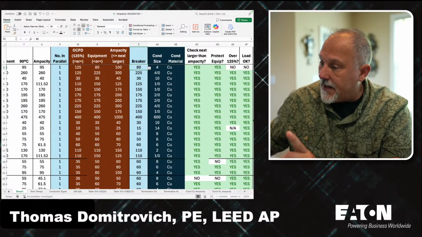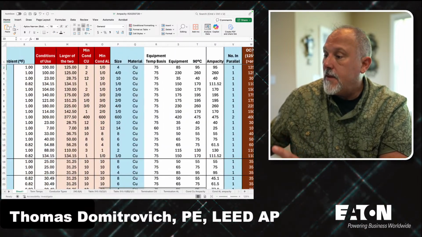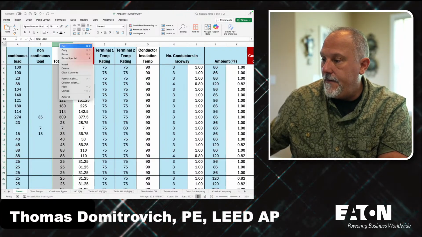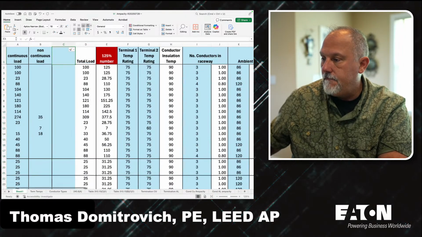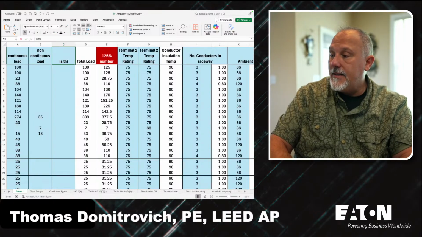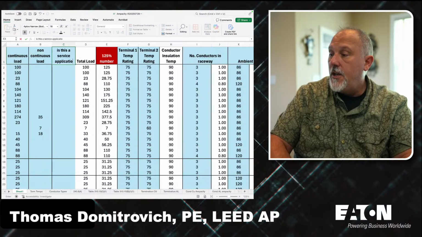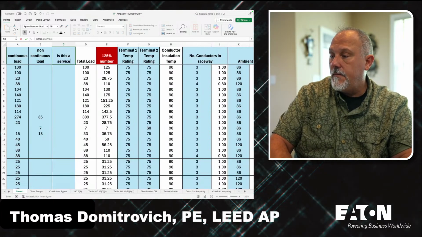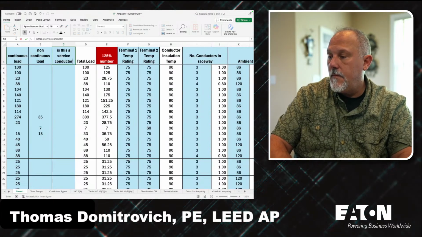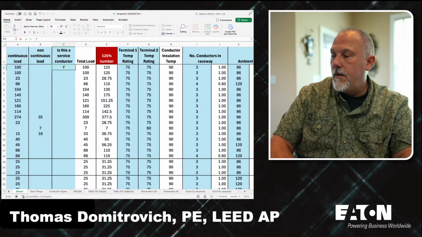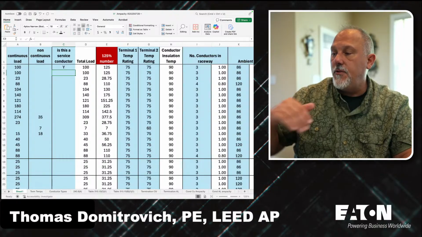So what I've got to do in my spreadsheet is add, insert: is this a service application? Is this a service conductor? And I would do a yes or no answer here.